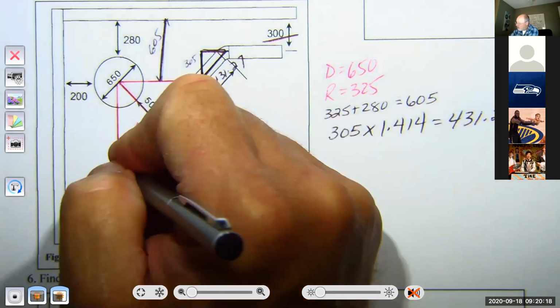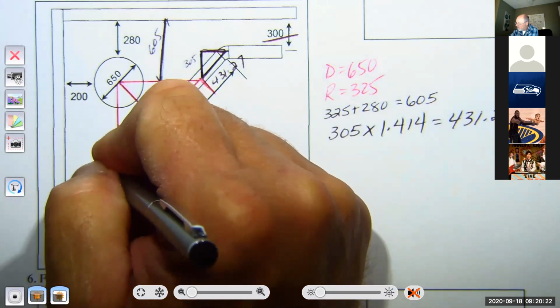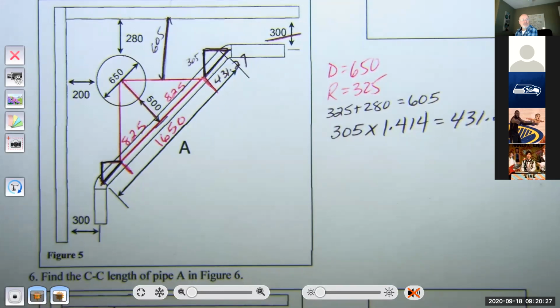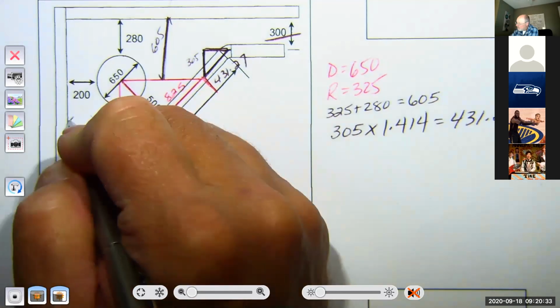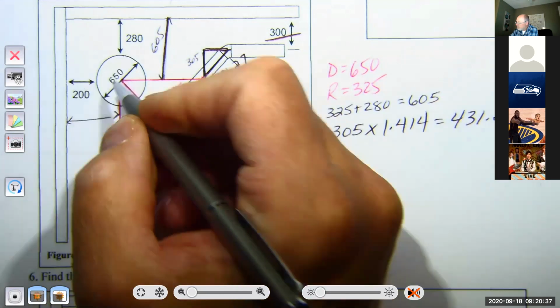And I'm going to draw my right angle triangle in here. So I have my right angle triangle right there. And now I get my measurement from this line to the wall is 325 plus 200.